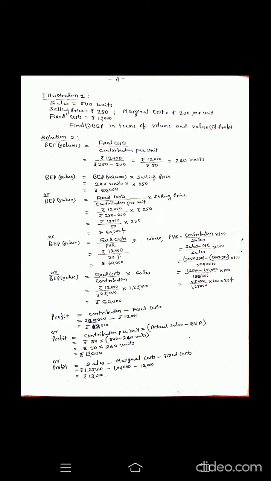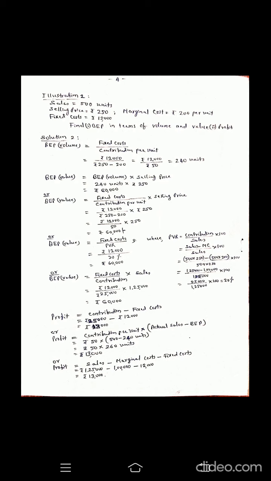Or profit is equal to contribution per unit into actual sales minus break-even sales. Actual sales are 500 units. Break-even sales are 240 units. The difference is 260 units. 260 units into rupees 50, that will be equal to rupees 13,000.